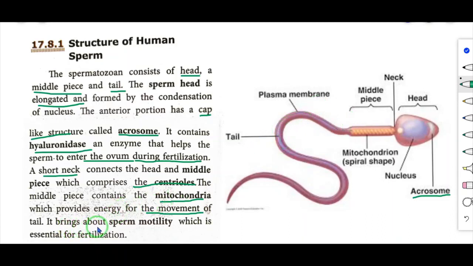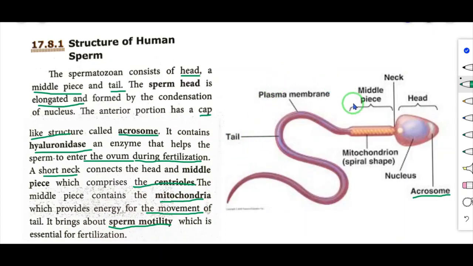It brings about sperm motility, which is essential for fertilization. Because the mitochondria provides energy to the tail region, the tail can move. This sperm motility is essential for fertilization.